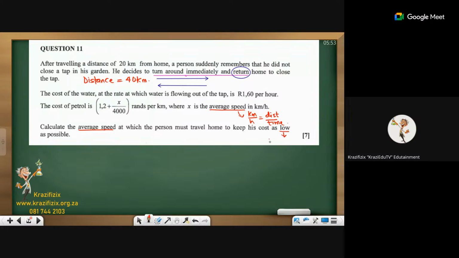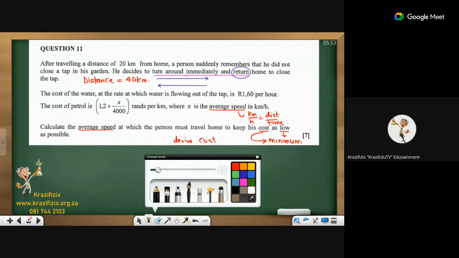What does the word low mean? Minimum. Okay. To keep his average cost, please listen, you need to read, which means cost must be minimum. It means whatever we do, guys, we need to derive the cost.